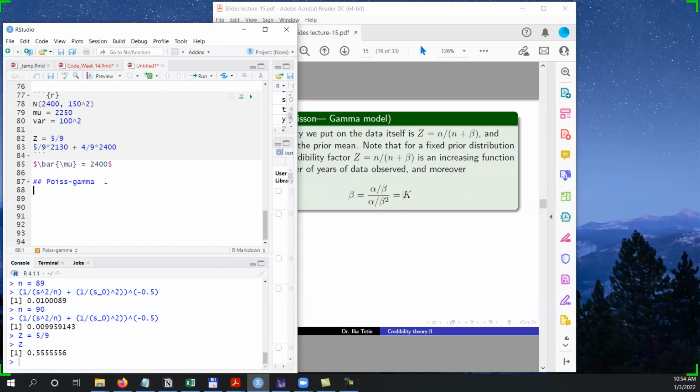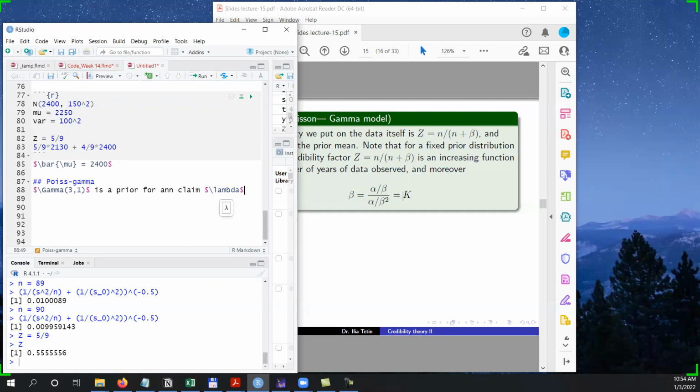Let's say that we have the gamma distribution with these parameters, and it is used as a prior for annual claim lambda.